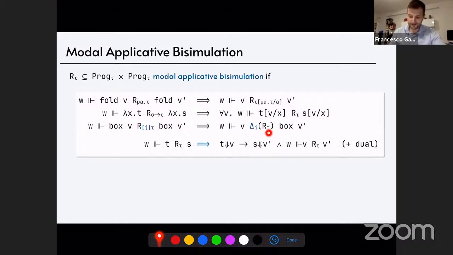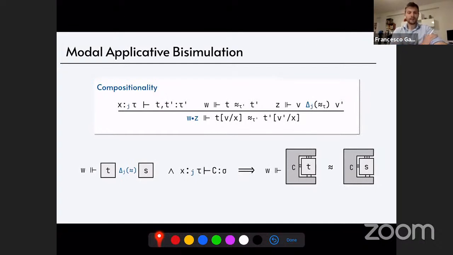And what the comonadic Lax extension does is essentially to tell you how you should move from the world W to a different world in which you just compare the two programs. So for instance, all the examples that we have seen before about program sensitivity and information flow, all those definitions can be formalized by means of this comonadic Lax extension.